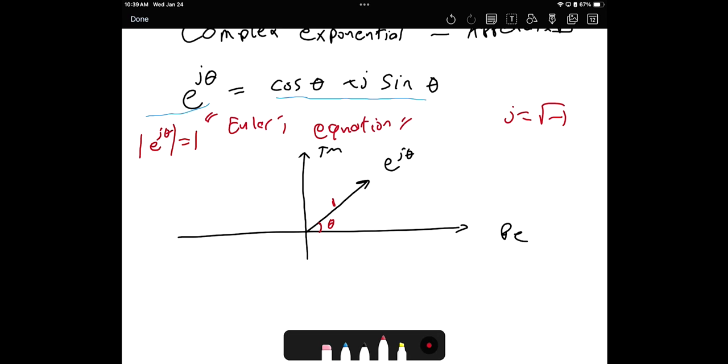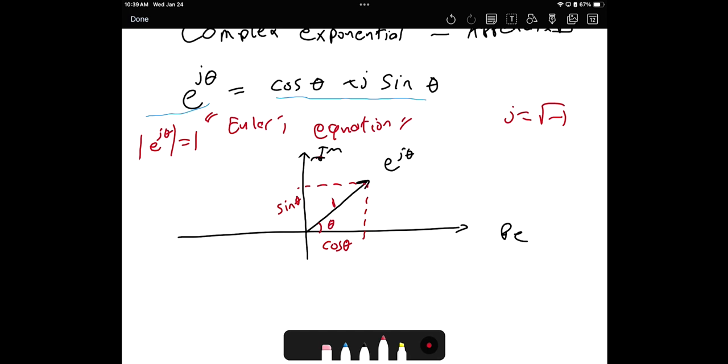Then in order to make the projection of this on the x-axis and y-axis, since we have theta, this will make it cosine theta, and the other side will make it sine theta. Just make the projection, one cosine theta, one sine theta.